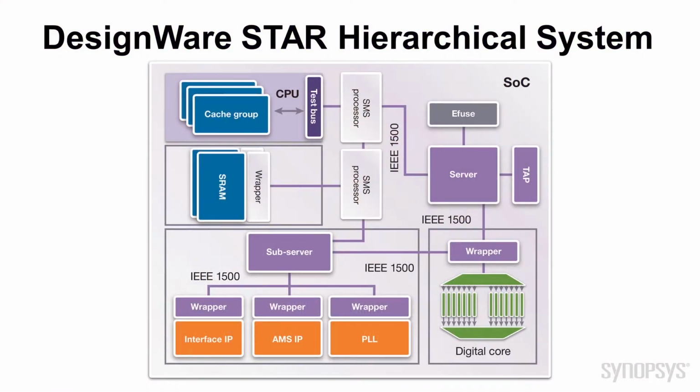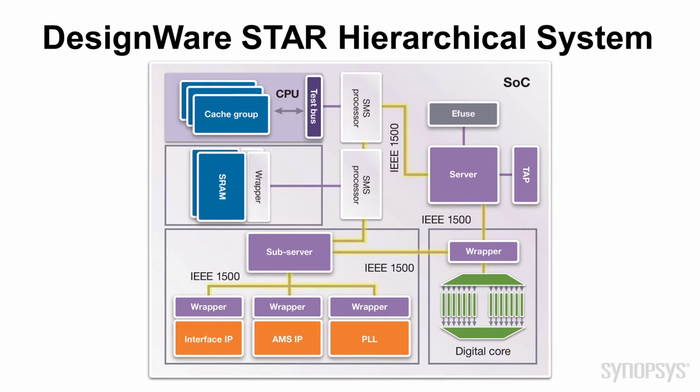As you can see, the STAR Hierarchical System creates user-configurable IEEE 1500 interfaces for each IP core, including AMS, digital logic, and interface IP. By integrating them with a single top-level control server while maintaining server modules at each level of hierarchy, the system improves area and signal routing, ultimately reducing integration time by weeks.